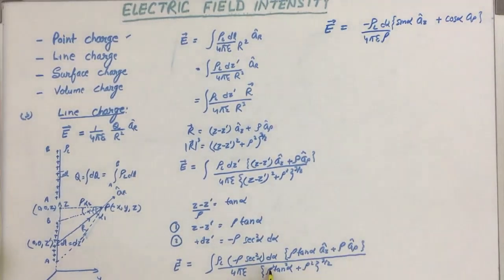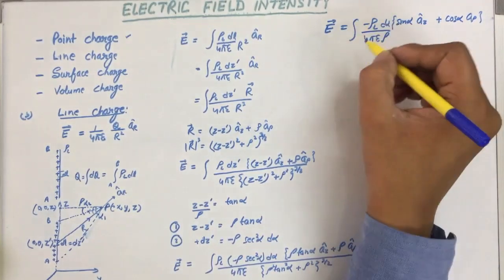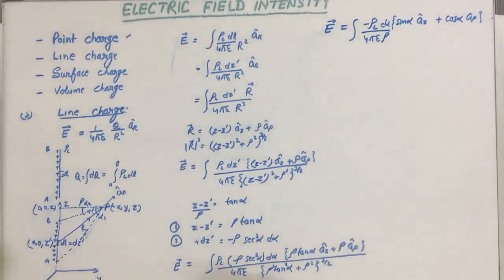One rho is left: rho square over rho power 3, 2 is cancelled, 1 is left. So this is the final term after simplification.